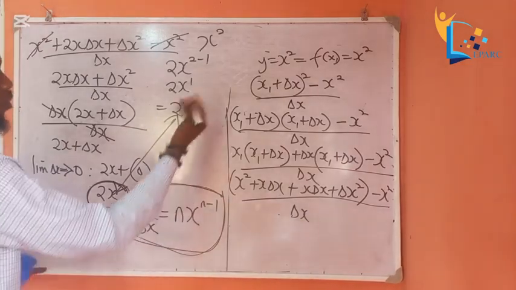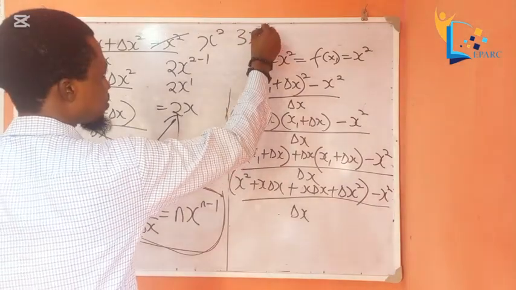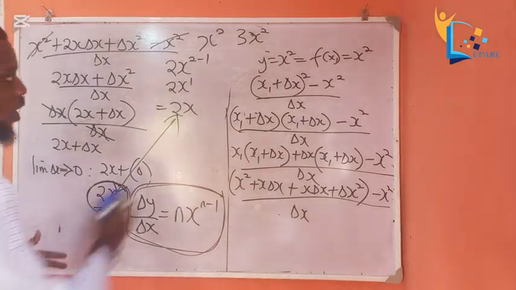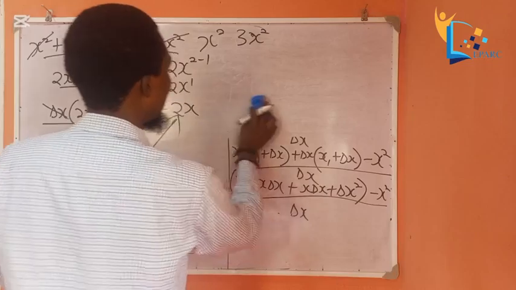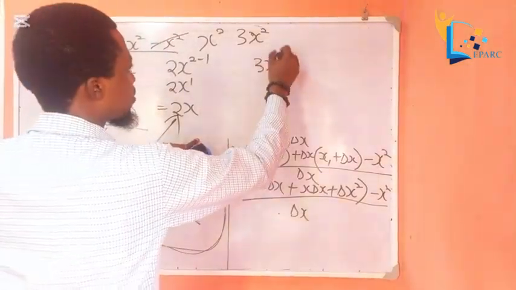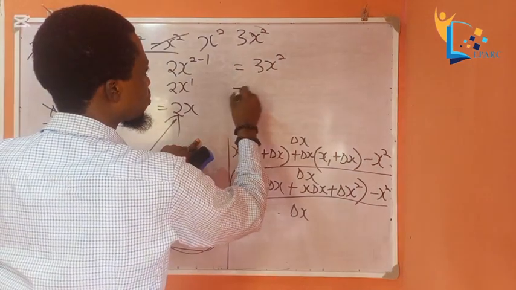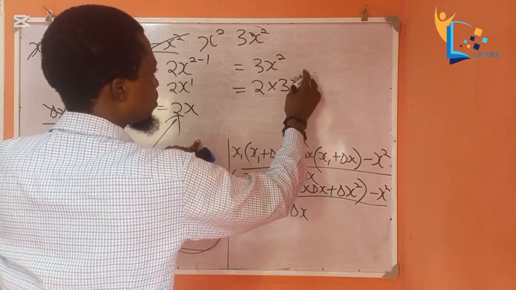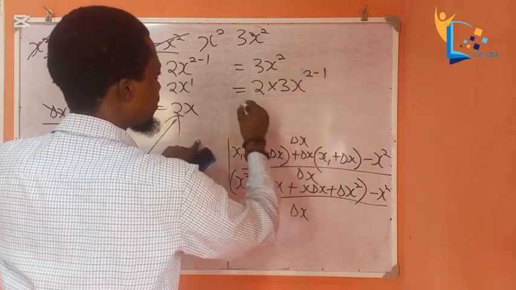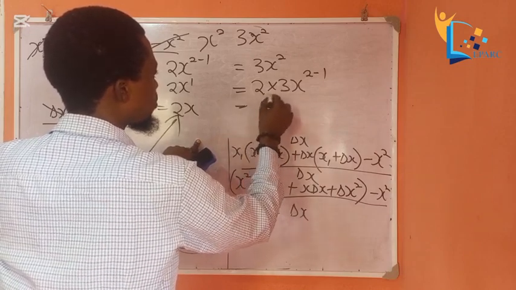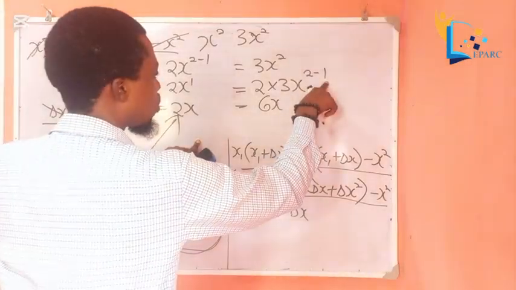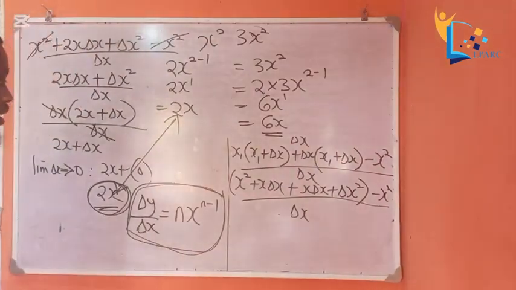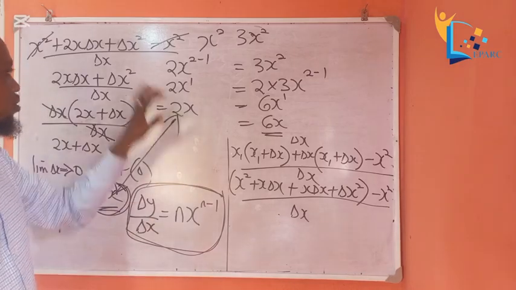So for instance, if I say differentiate 3x squared, using the differentiation by rule, we'll have 3x squared equal to 2 times 3x raised to power 2 minus 1, which is 2 times 3, which is 6x raised to power 2 minus 1, which is 1, so it is equal to 6x. So that is all about differentiation from first principle.